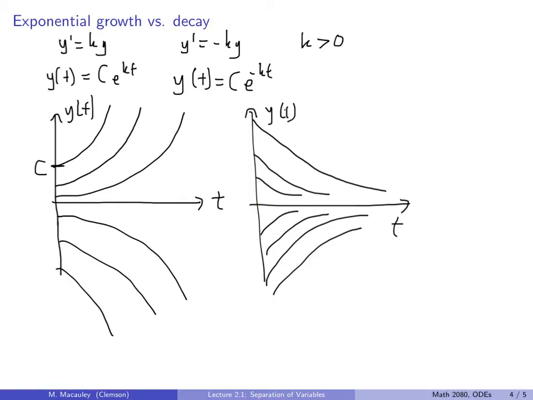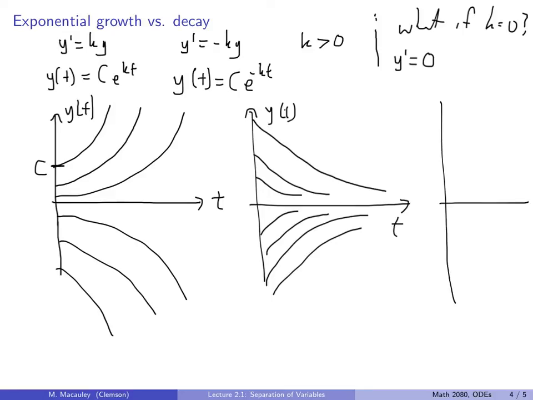Let me do one more example. What if k equals 0? So in other words, y prime equals 0 times y, or y prime equals 0. So this is actually a calculus problem. What functions have the property that their derivative is equal to 0? Those are, of course, constant functions.